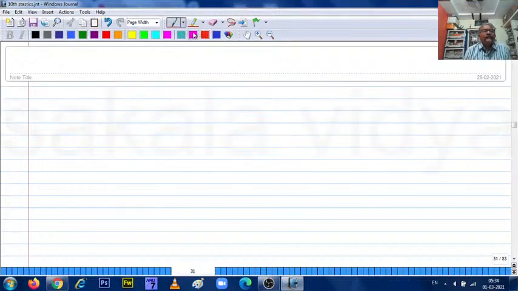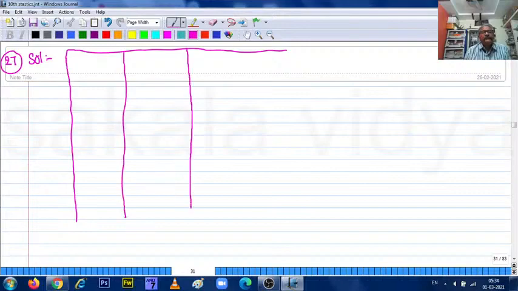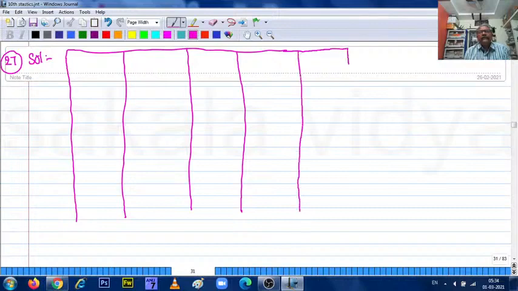So 27, first let us prepare the table. 27 solution here. First class interval you need to write. So class interval, frequency, mid value, di and fi di.